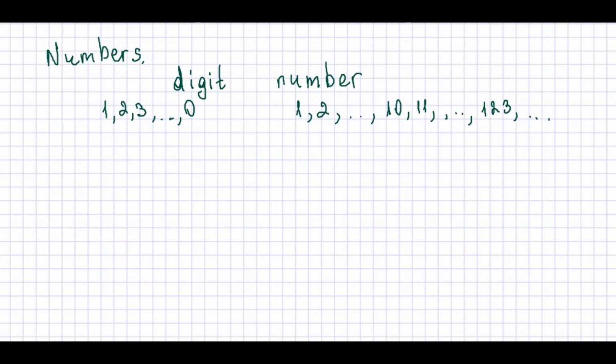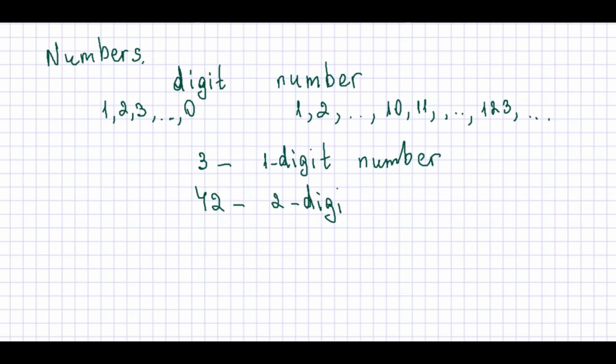Okay, 3 is a one-digit number. 42, this is a two-digit number. And one important thing, as you see, there is no S after digit. In 42, if they ask you, you can say there are two digits, 4 and 2.